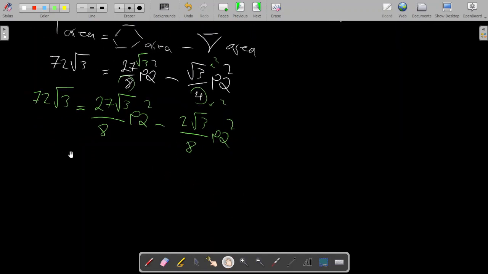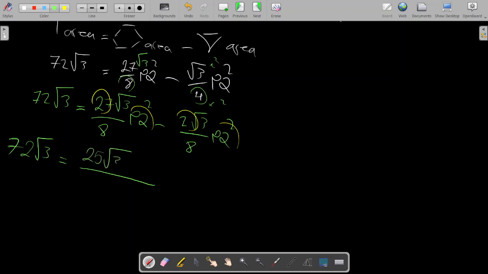So now, as you can see, we're starting to have something almost solved. So 27 square root of 3 equal to what? Since we have the same thing here, we have square root of 3, we have the PQ and the PQ, so 27 minus 2 is going to be 25 square root 3 PQ square over 8.